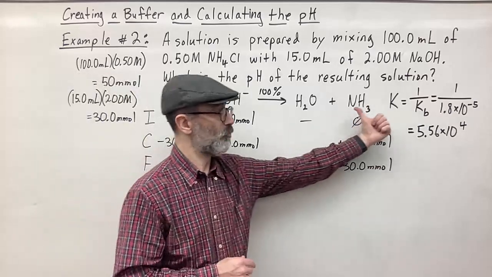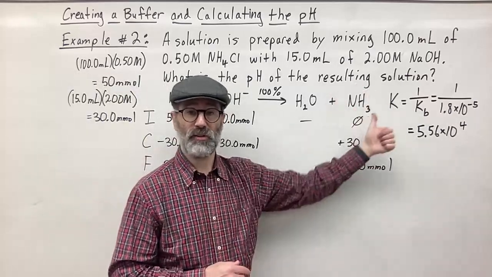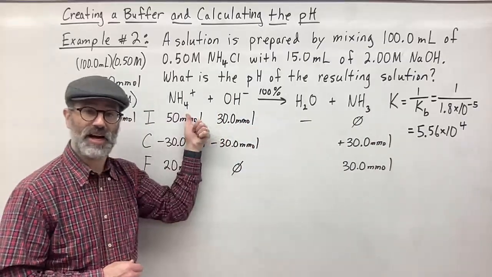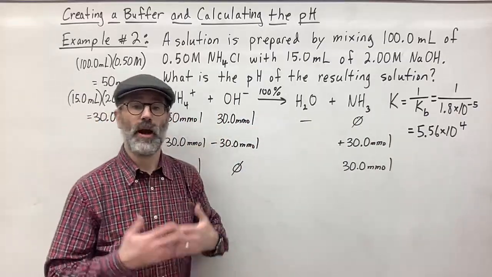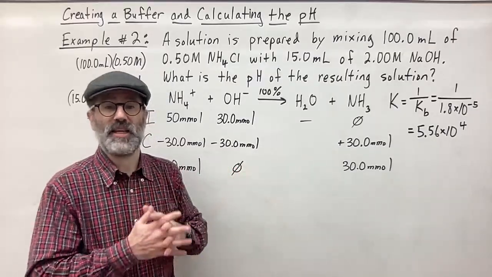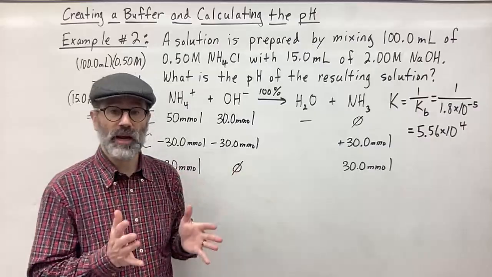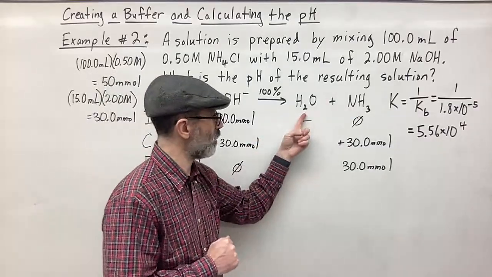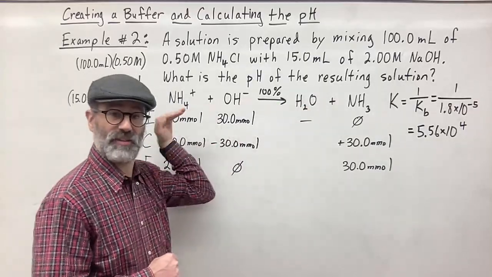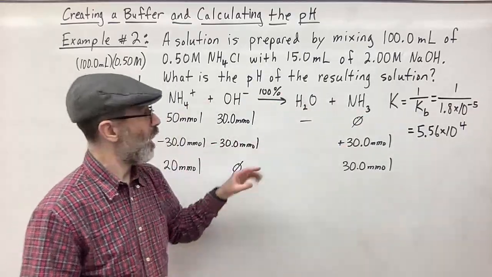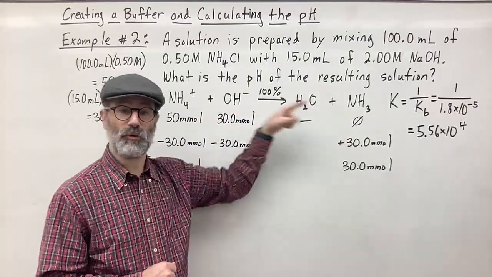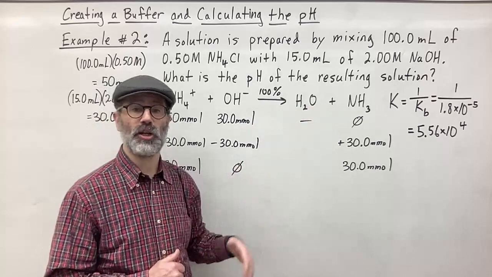So if you can recognize that, look, I have a weak base here reacting with water to produce hydroxide ion and the conjugate acid, that's Kb, right? That's the reaction for Kb, the equilibrium constant for the reaction of a weak base with water. And so if we want to find the K value of this reaction here, these forward and backward reactions are related to each other by the reciprocal.